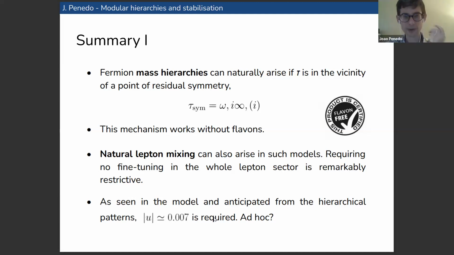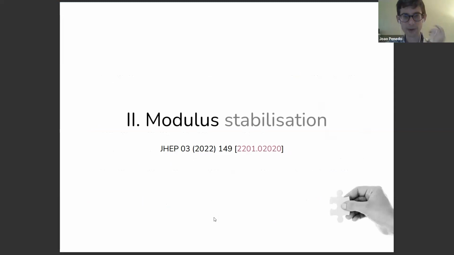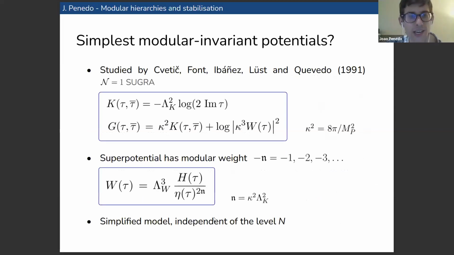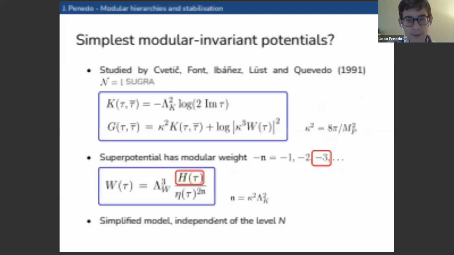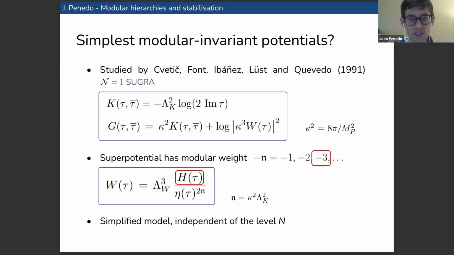And this is the part of modulus stabilisation, where we basically revisited some results from the 90s, where we looked at simple modular invariant potentials coming from supergravity. Here we were very agnostic to the origins of this potential. We just took basically the same Kähler and superpotential as in this paper, and we focused on the case of modular weight of the superpotential -3.